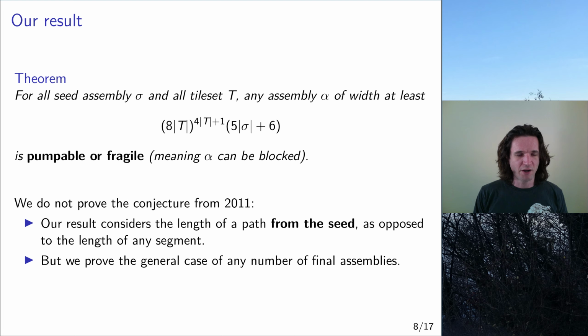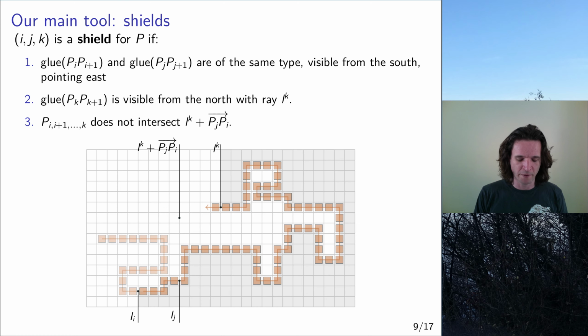All right, so how do we prove this? What did we do, and how does it work? Well, we introduced a tool called shields, where a shield is a triple ijk of indices along the path p.